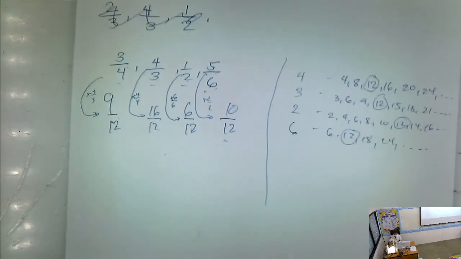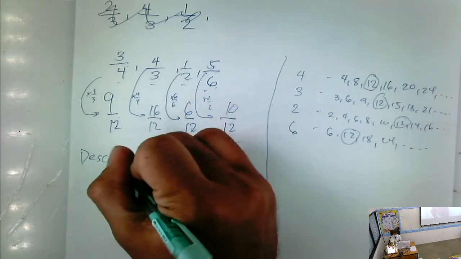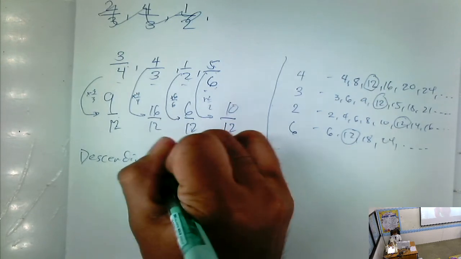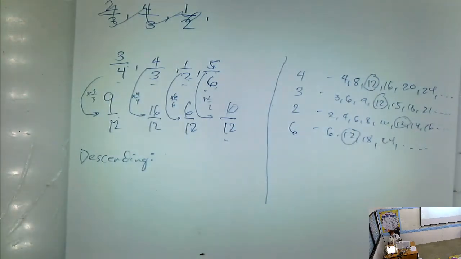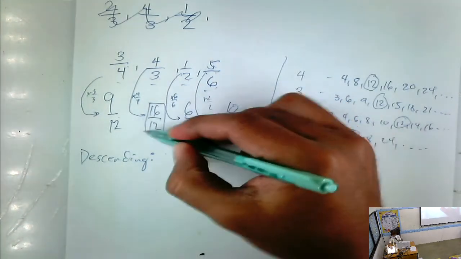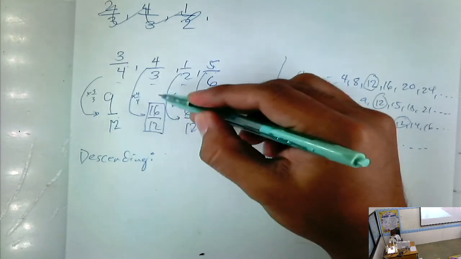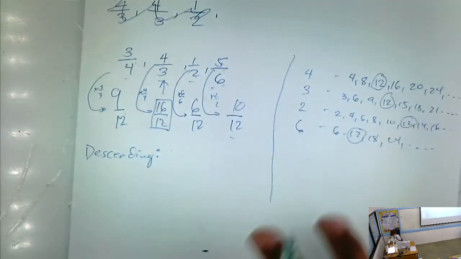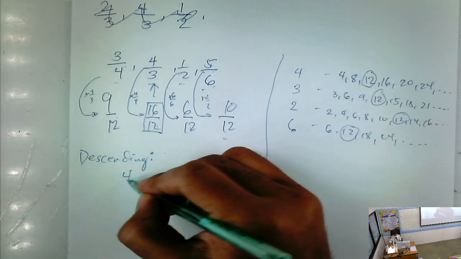Okay, now let's arrange these in descending order. So what would be the arrangement? Can you tell me? What's the first number? What is descending again? Descending is biggest to smallest. So, the descending order is, the first number is 16 over 12, which is 4 over 3.